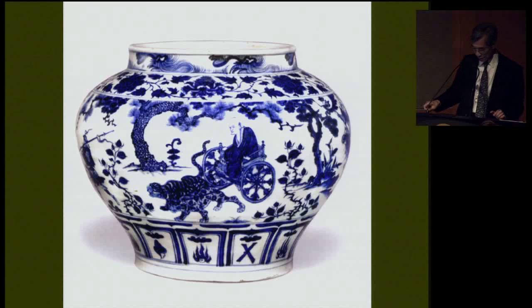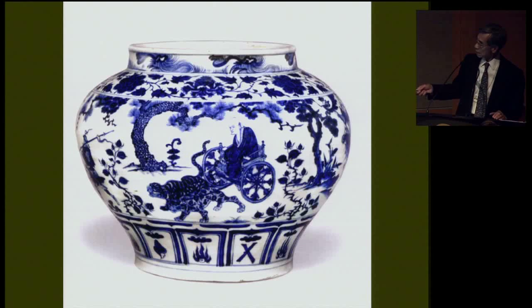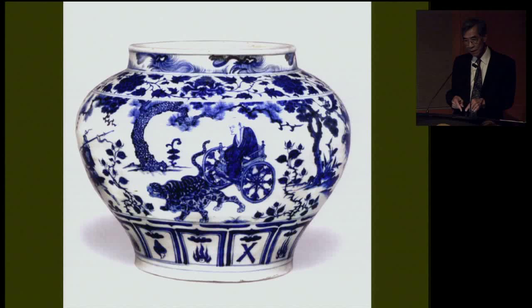Now, I'm going to just touch on a couple of points about the decorating of blue and white porcelain. You can see most blue and white porcelain of the 14th century, the decoration is done in registers, starting usually at the bottom with lotus petals, which is derived from the pedestal of Sino-Tibetan Buddhist statues.